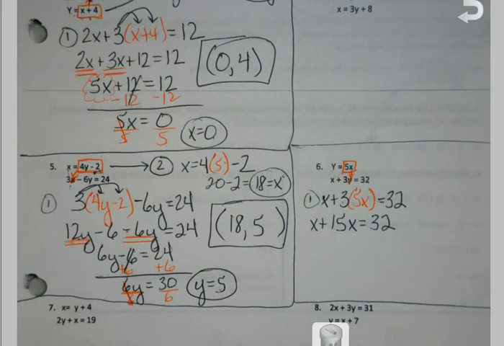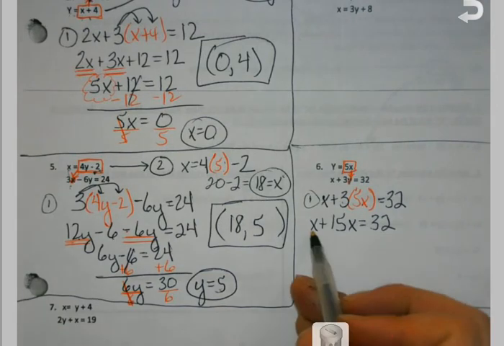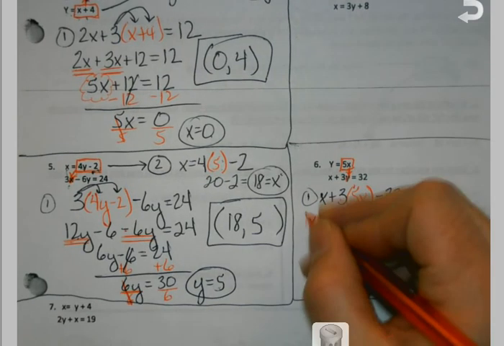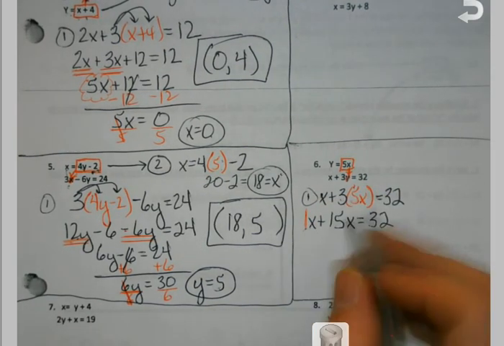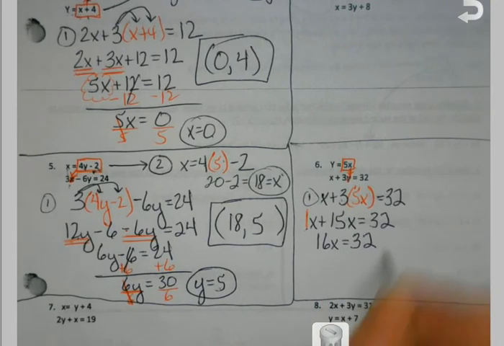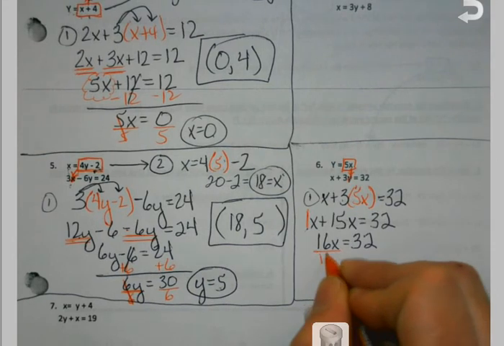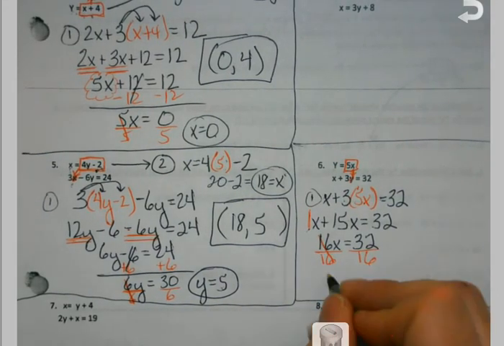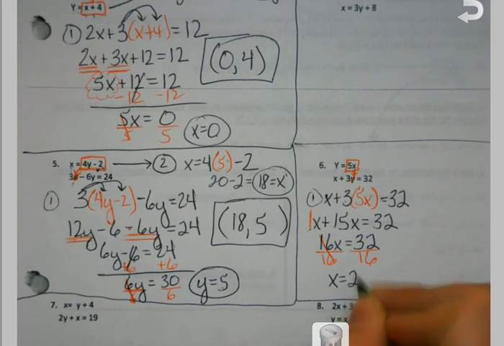And now it's just to combine like terms. Now, what number's in front of that x when I don't see one? 1. So 1 and 15 more get me 16. And then I do my divide, like I typically do on these at the end.